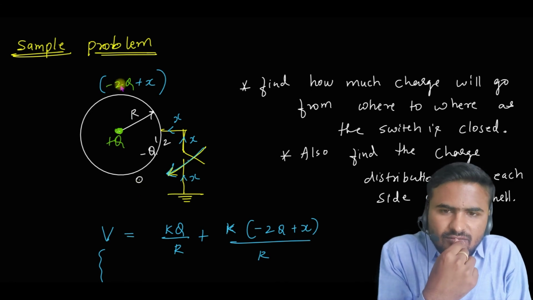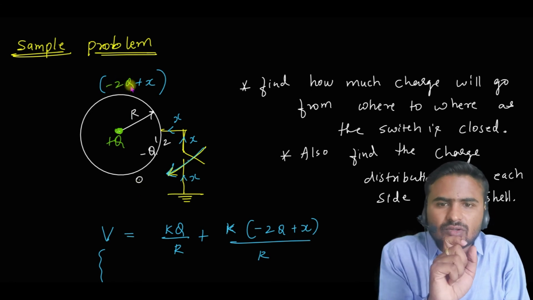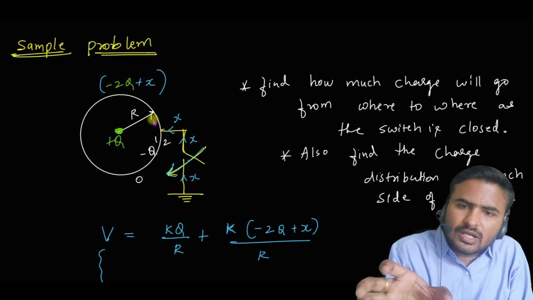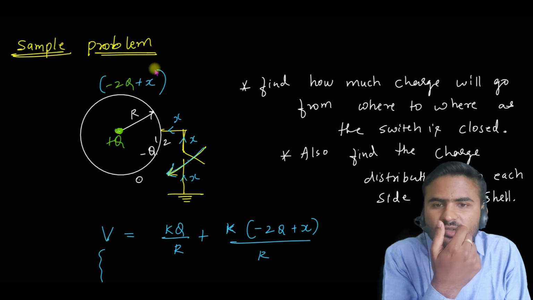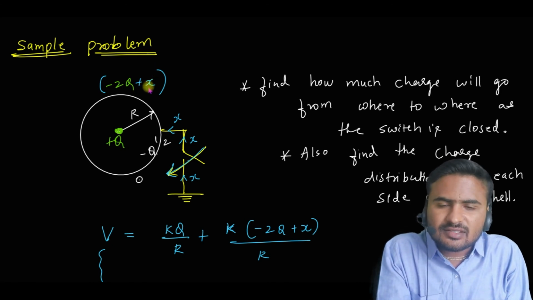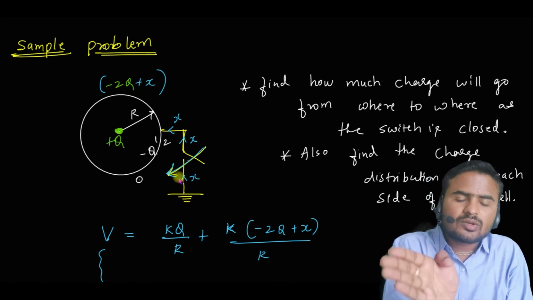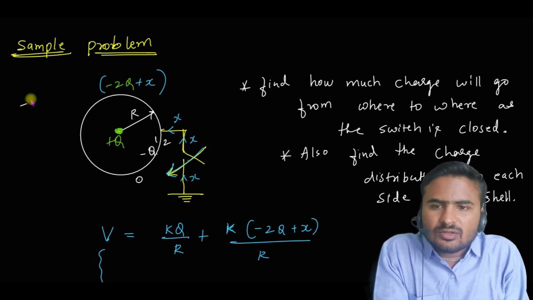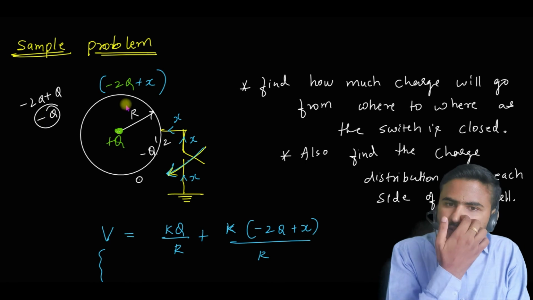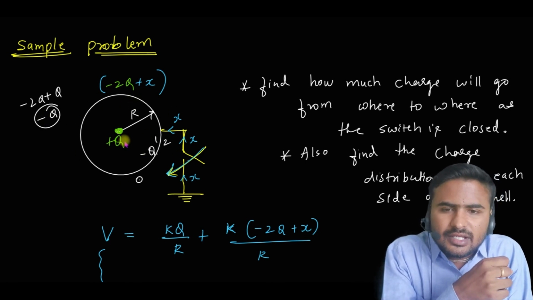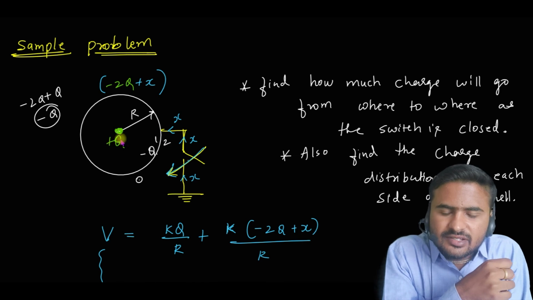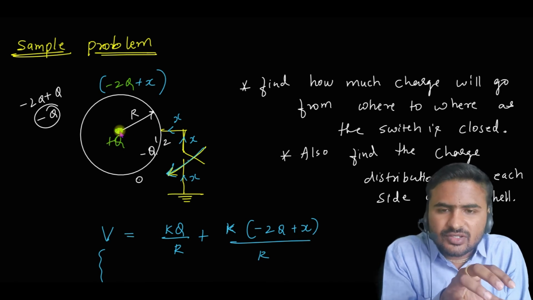Because initially the charge was minus 2q. How much charge has gone from the sphere to the ground? Minus q went out. Or remember like this, x is the charge that has gone from the ground to the sphere. So x is how much? q. So minus 2q plus q, you will get minus q. So minus q is the total charge present on the surface of this shell, and since here I have a plus q charge inside the shell.